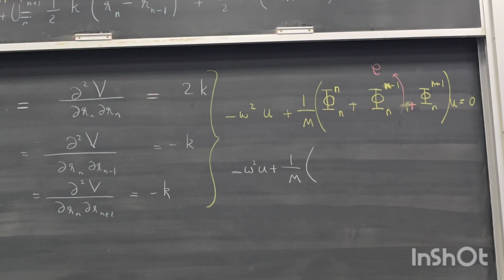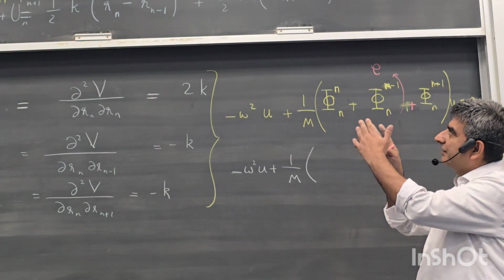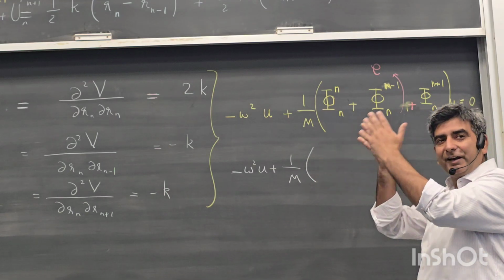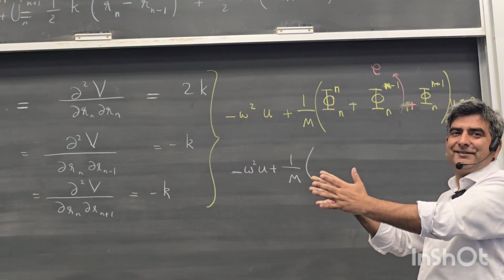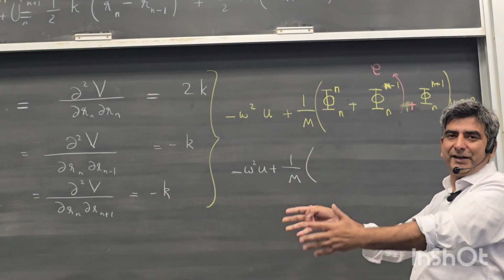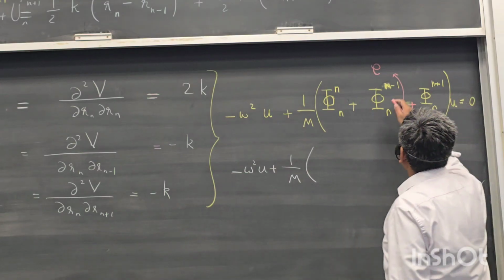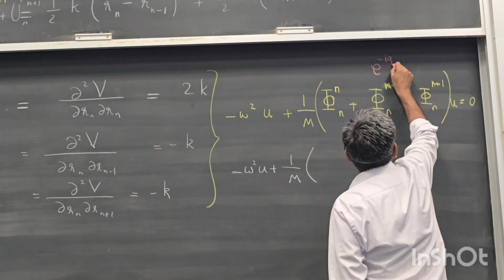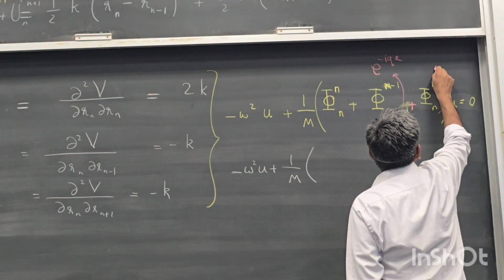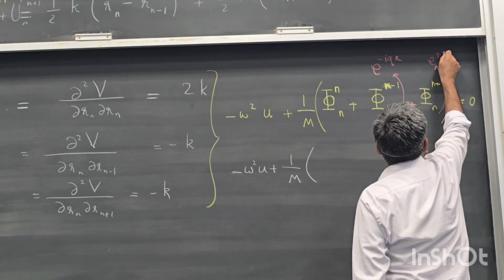It's Rm minus Rn. So it's minus iQa. Correct? Rm minus Rn. The separation between Rn and Rm is by unit vector a. So Q dotted with a is Qa. So minus iQa, and here I get a factor e plus iQa.